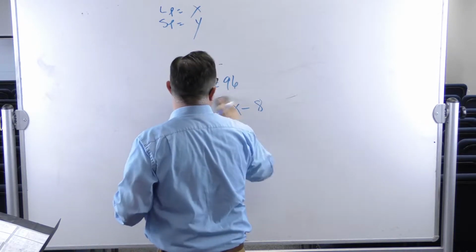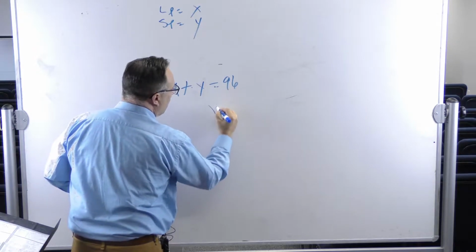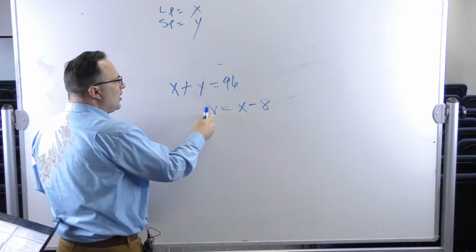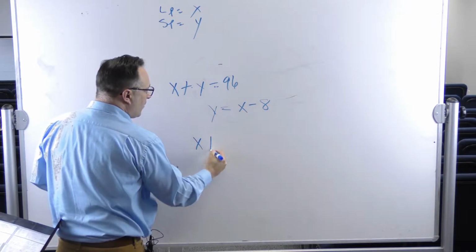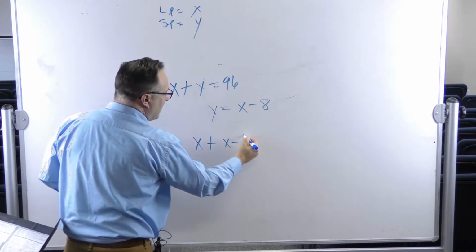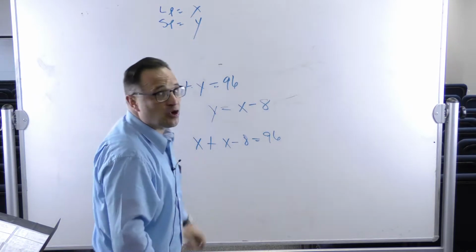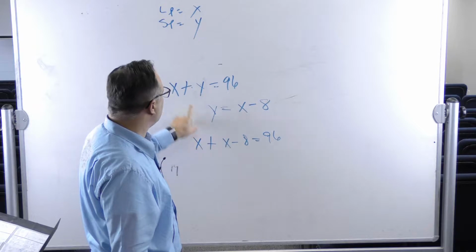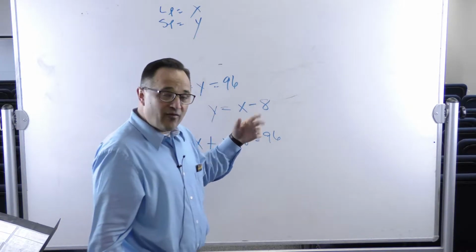Let me do it again, show you what we did. If x plus y equals 96 and y equals x minus 8, y is equal to that, so we can put that right there. So we can go x plus x minus 8 equals 96. Now we're solving for x, which we know is the larger of the 2 pieces, right? Once we solve for x, we substitute x's value back into either of these equations, and you'll get the value of y.